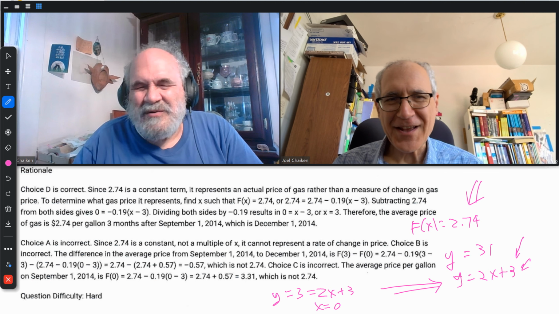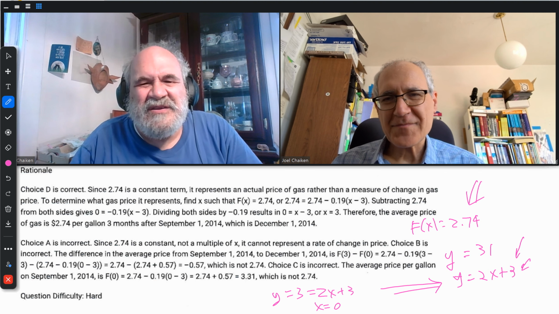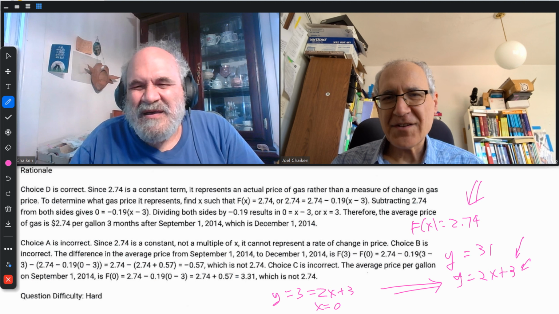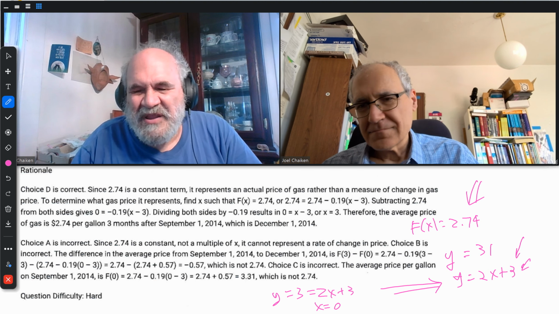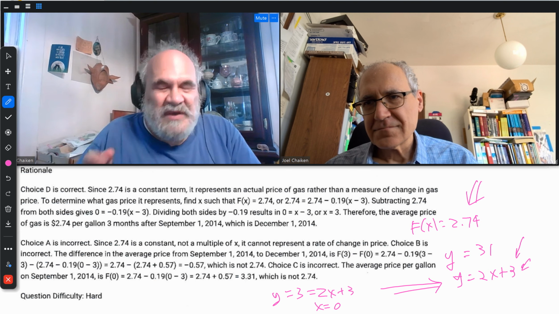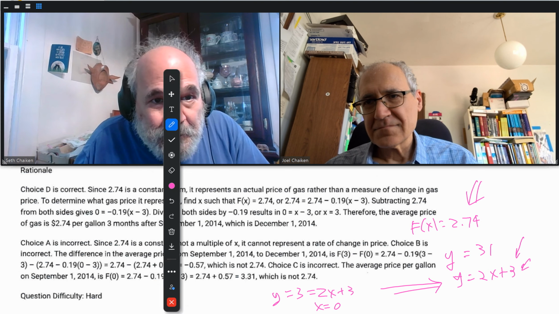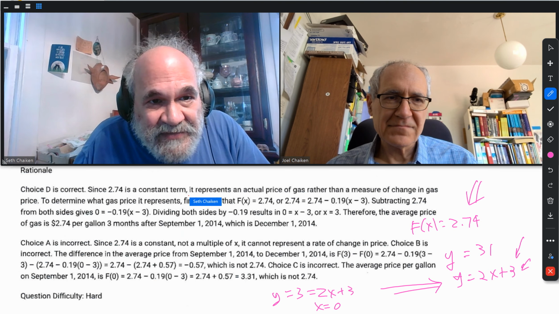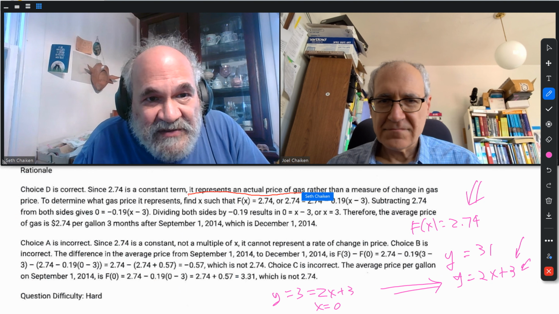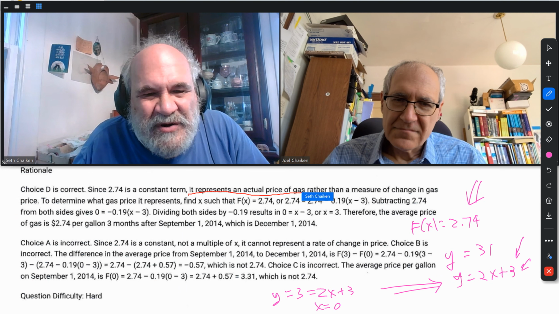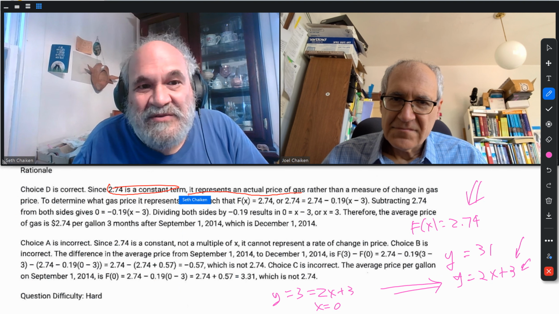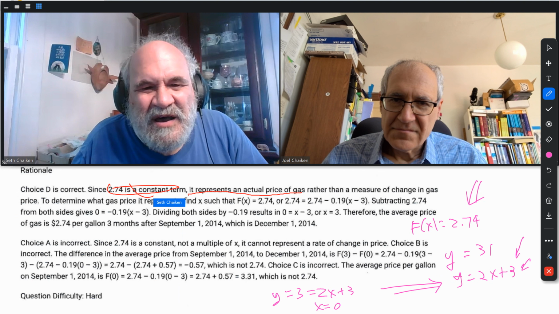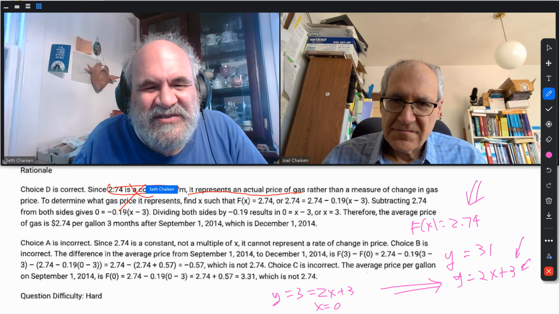Okay. The concept of linear interpolation told me very quickly that 2.74 is the actual price of gas. It's not that I thought of it because it's a constant term.